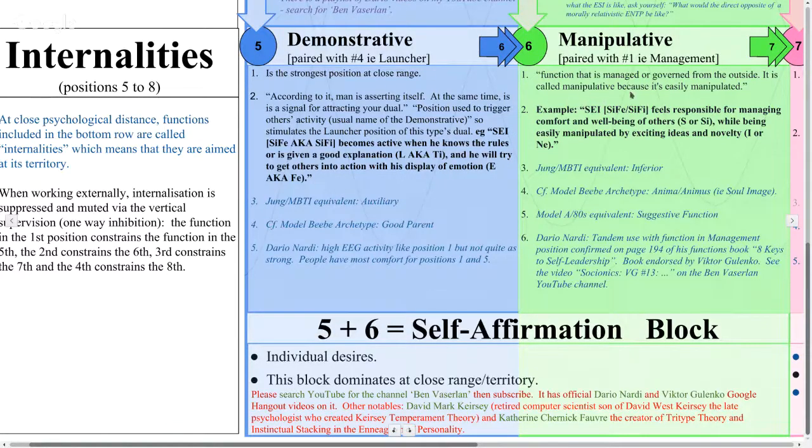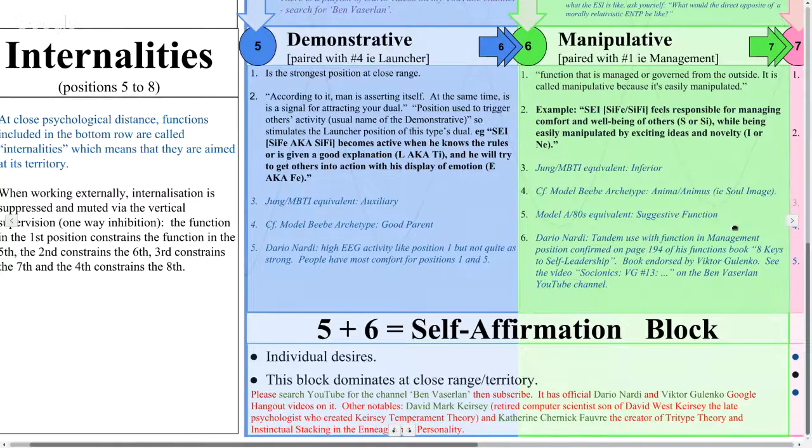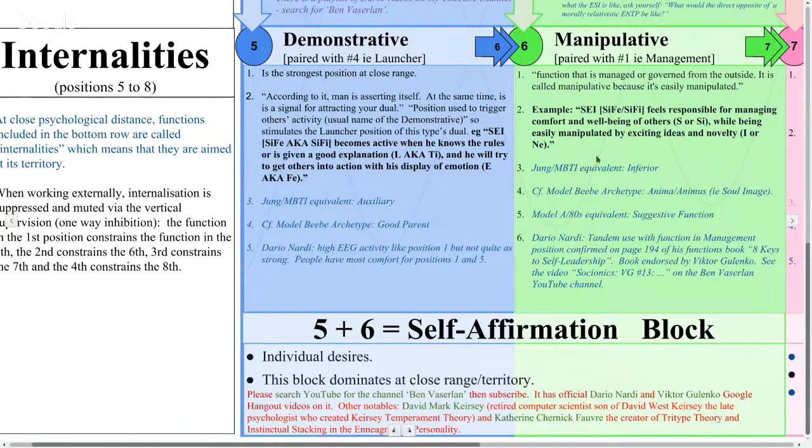A function that is managed or governed from the outside. It is called manipulative because it is easily manipulated. Example, ISFJ feels responsible for managing comfort and well-being of others, while being easily manipulated by exciting ideas and novelty. Jung equivalent, inferior. Beebe equivalent, animus, the soul image.